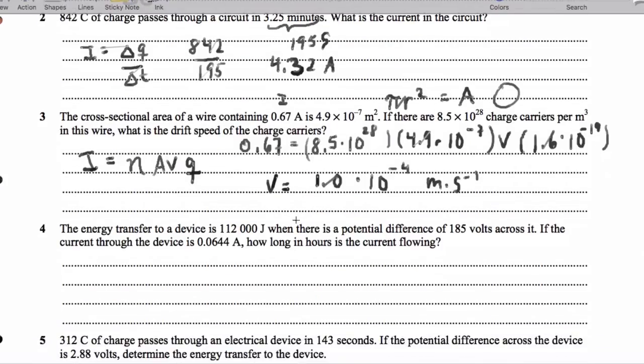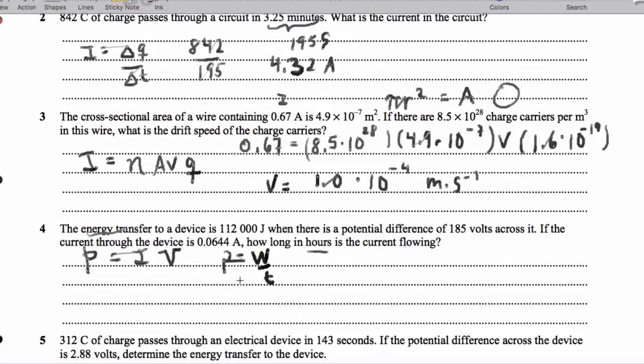All right, once again, here now we've got our power formula. Whenever we talk about energy and time, I always want to work with power. And in this case, power is I times V. And here we know that power is also work over time.